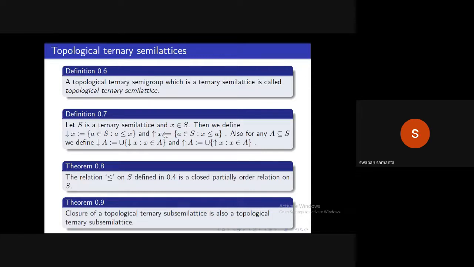Here are some definitions related to it. Let S be a ternary similarity and x in S. Then we denote the lower set of an element x, defined in this form, and the upper set of an element, which is also defined in that way.